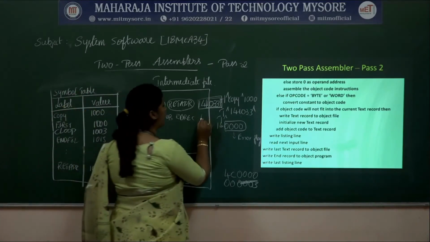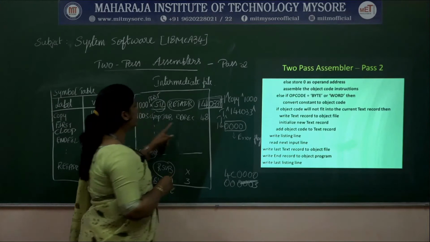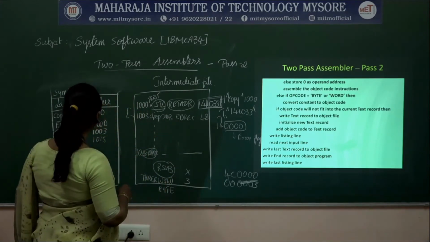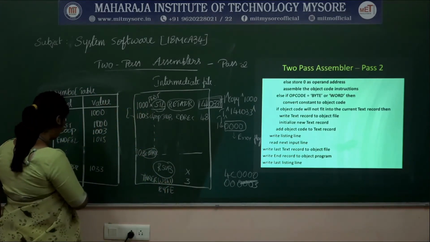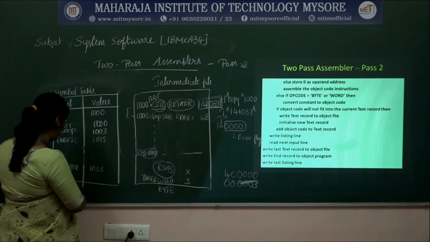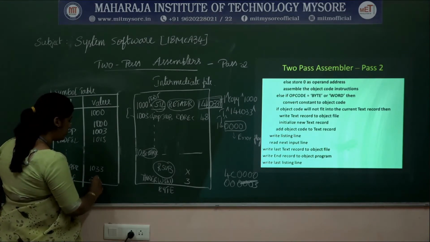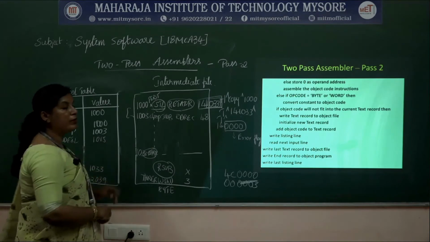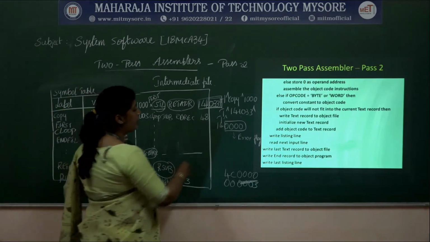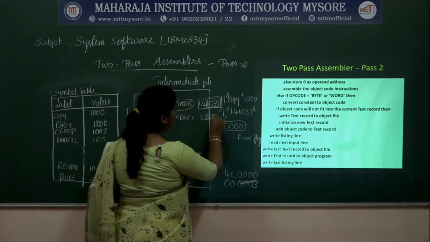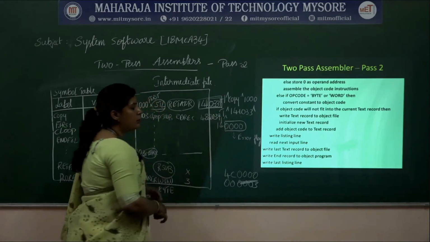Yes, it is present in the opcode table, that is 48. Then RDREC: is it present in the symbol table or not? Yes, of course, RDREC will be present in the symbol table at the memory location 2039. Then it is going to convert this value into the operand address.